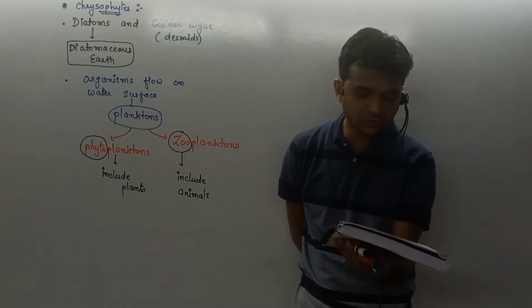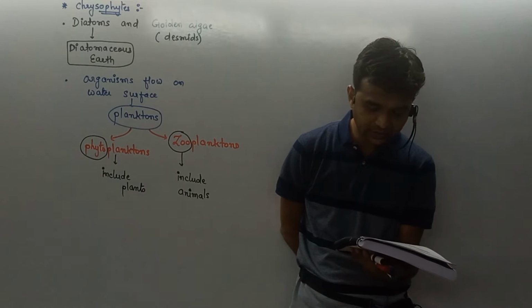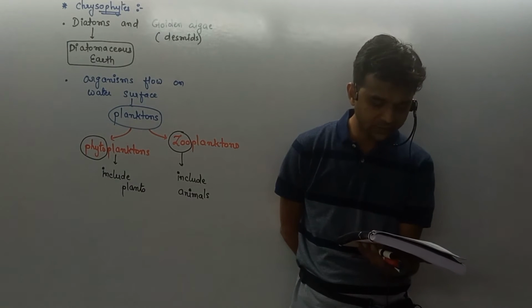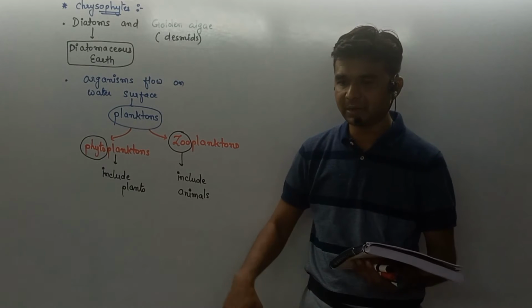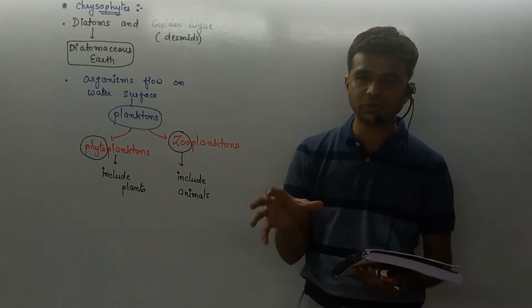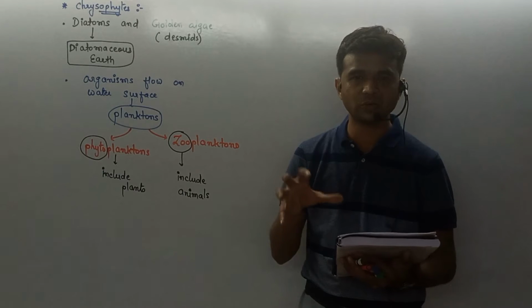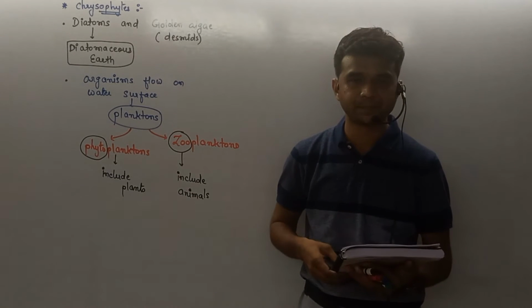Most of them are photosynthetic. In diatoms, the cell wall forms two thin overlapping shells which fit together as in a soap box. So similar to a soap box, when two halves are kept together, just look like that. Exactly similar thing is present there.